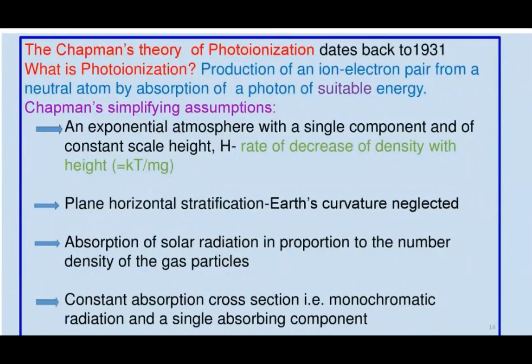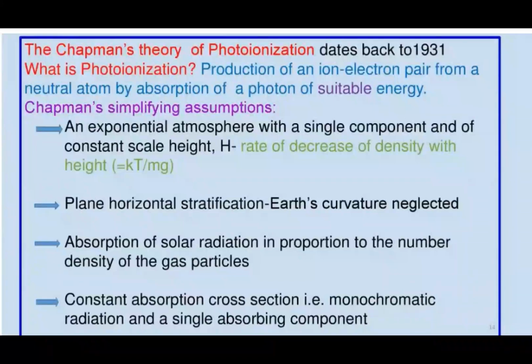And then he assumed constant absorption cross-section. That will be true if the radiation coming is monochromatic and if there is only a single absorbing component in the atmosphere. So this is not actually true, because we now know that there are many radiations, as we showed in the first slide, far UV, near UV, etc., coming from the sun.